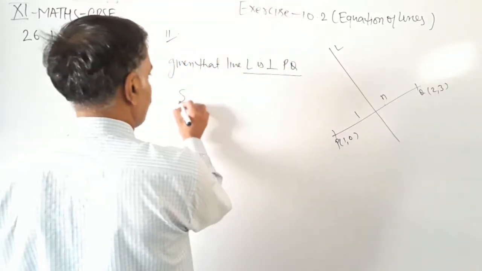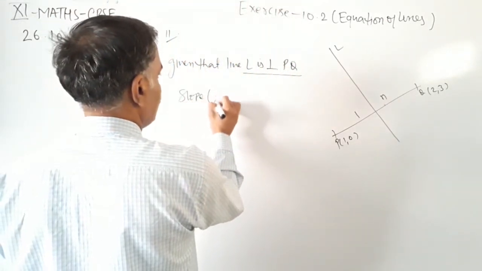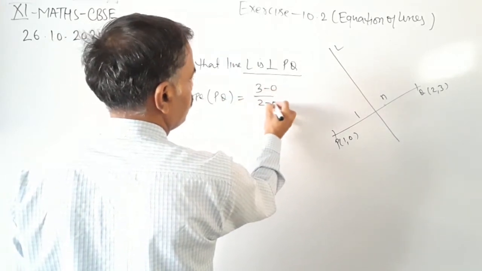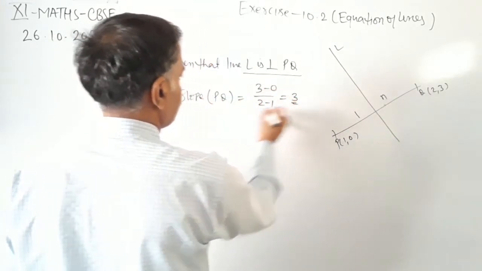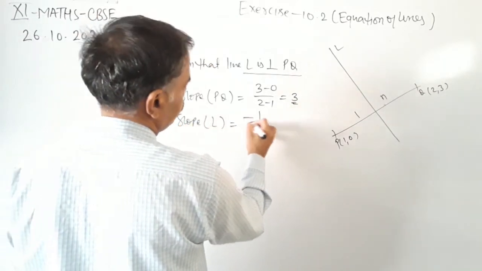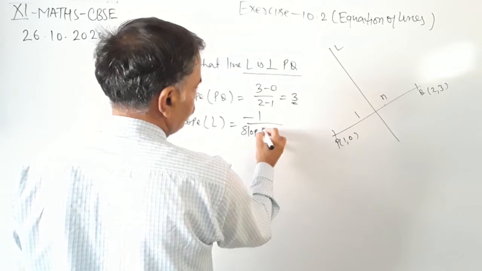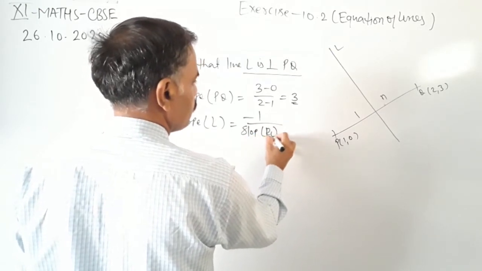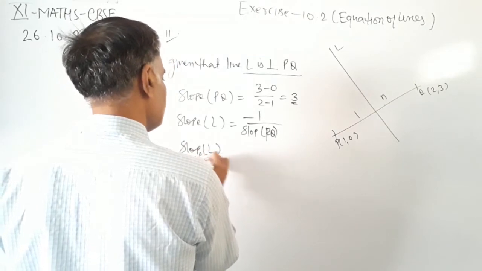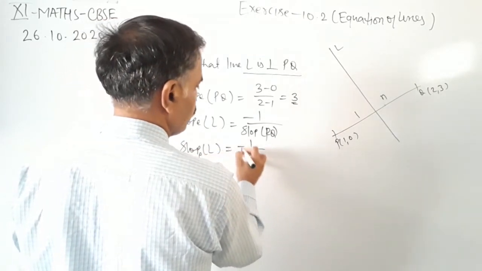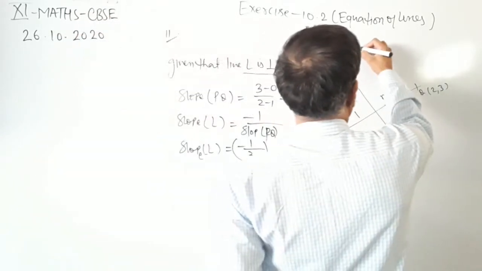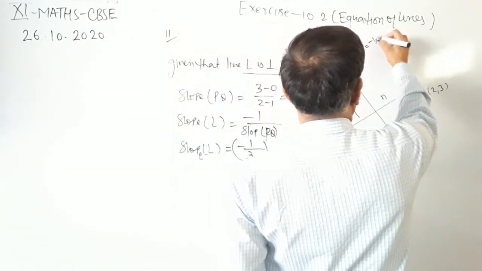First, the slope of line PQ is 3 minus 0 upon 2 minus 1, that is 3. So the slope of line L equals minus 1 upon the slope of PQ, which is minus 1 by 3.